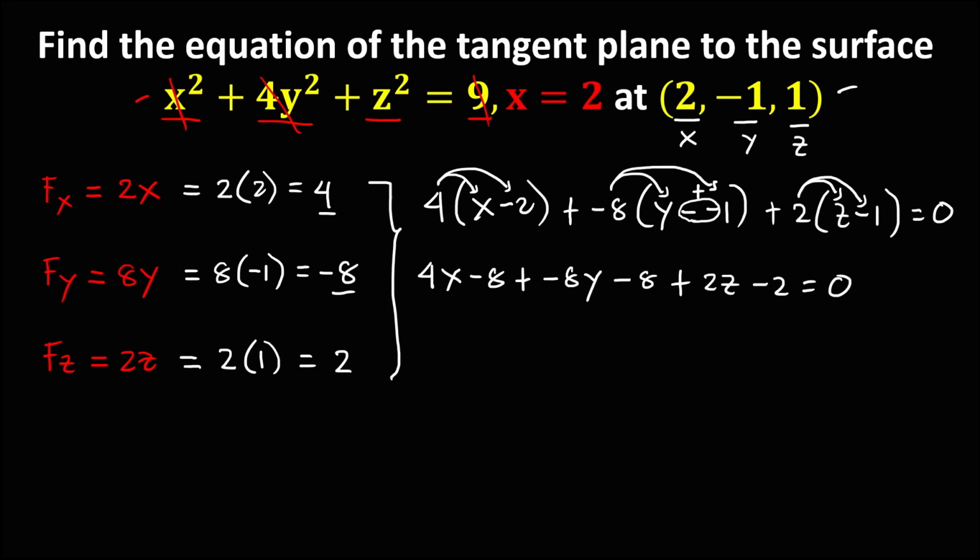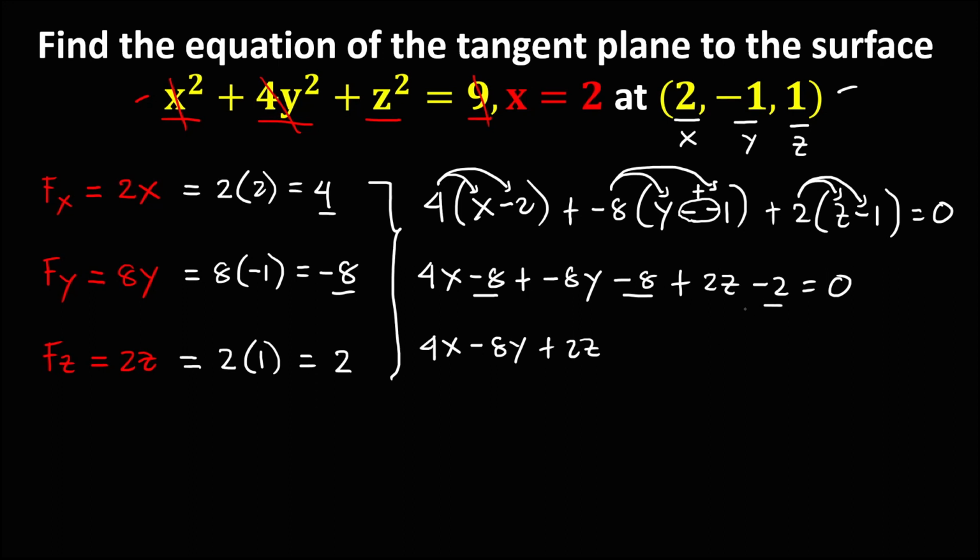Then we need to combine like terms. So we have 4x, then negative 8y plus 2z. Then this negative 8 and negative 8, that's negative 16.